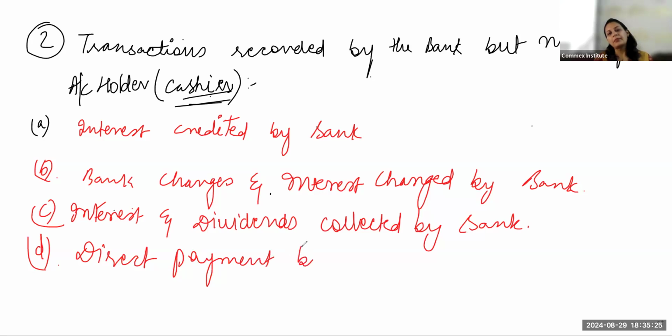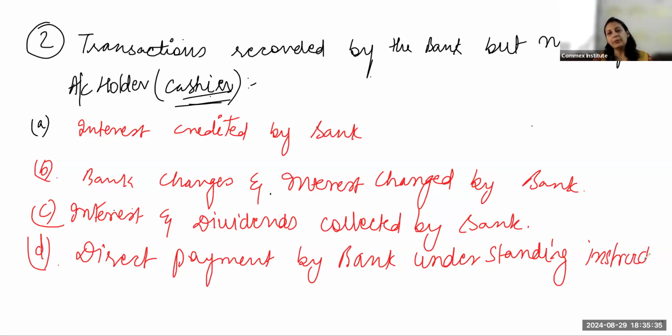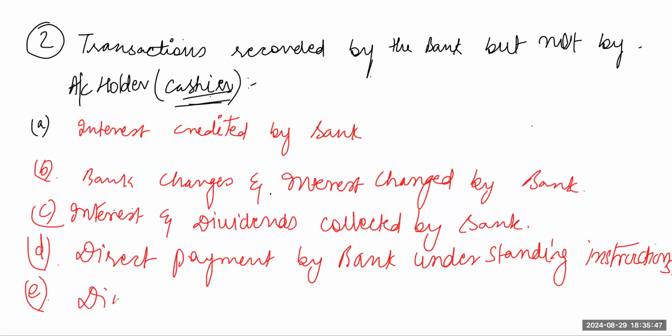D, direct payments by the bank. Standing instructions, like pay my electricity bill, pay my insurance premium, some kinds of fixed expenses. Ma'am, but won't the cashier be informed about the direct payments then?